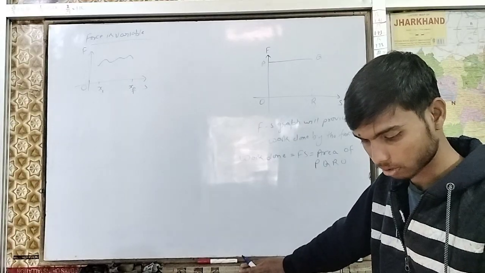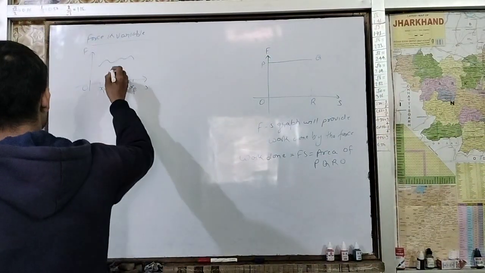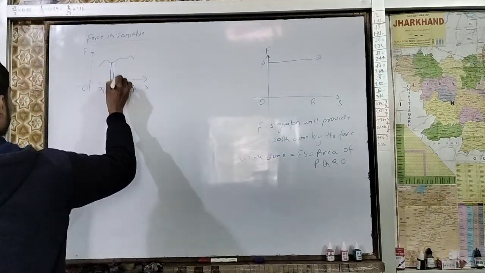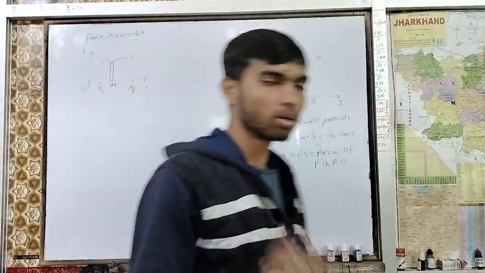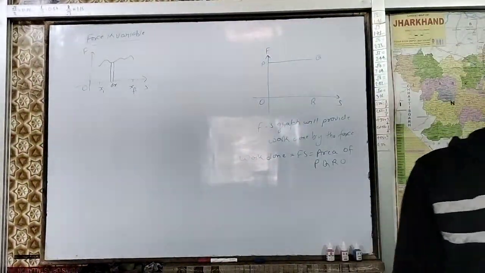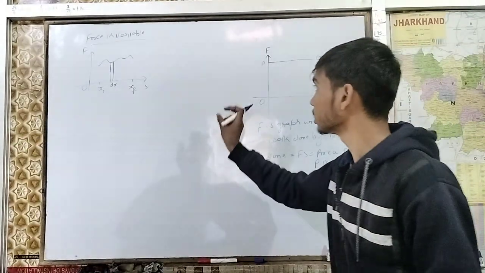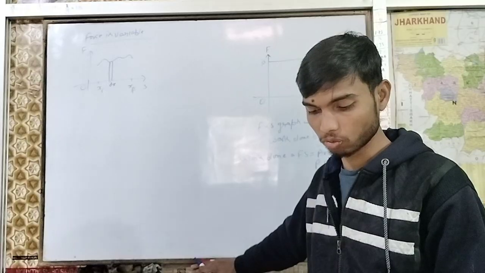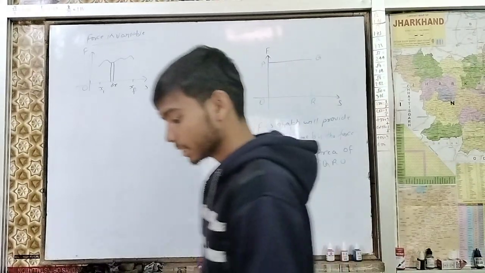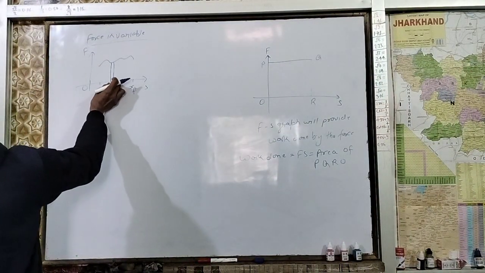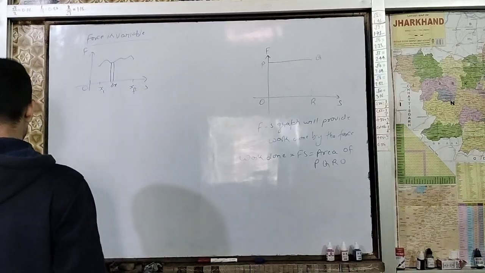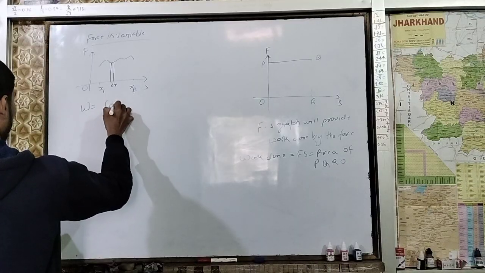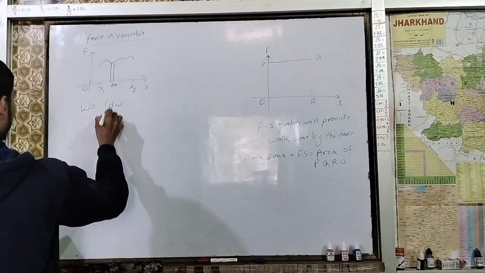If the question is asking for just a small work done, this will be our dx. For a small displacement dx, the value of work done will be the area of the strip of width dx and this height. So your formula will be W equal to integration of dW from initial to final.